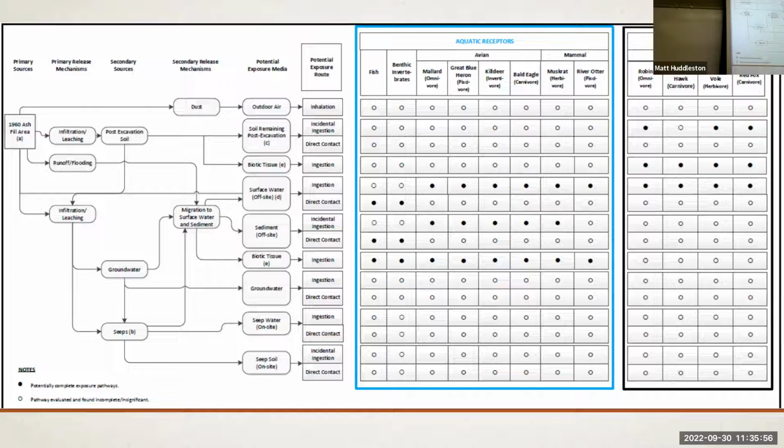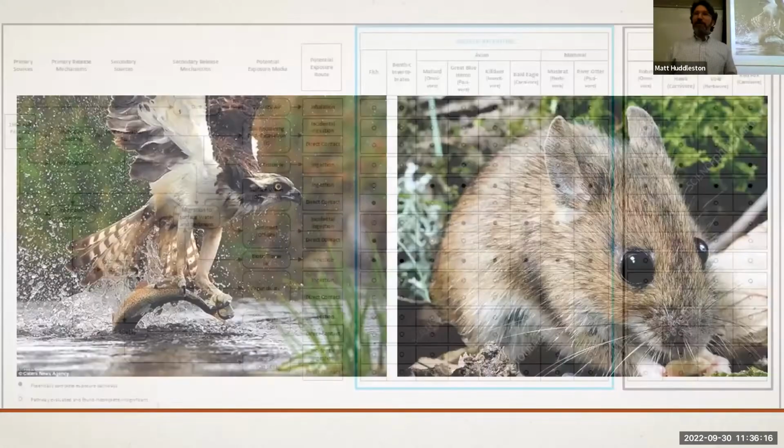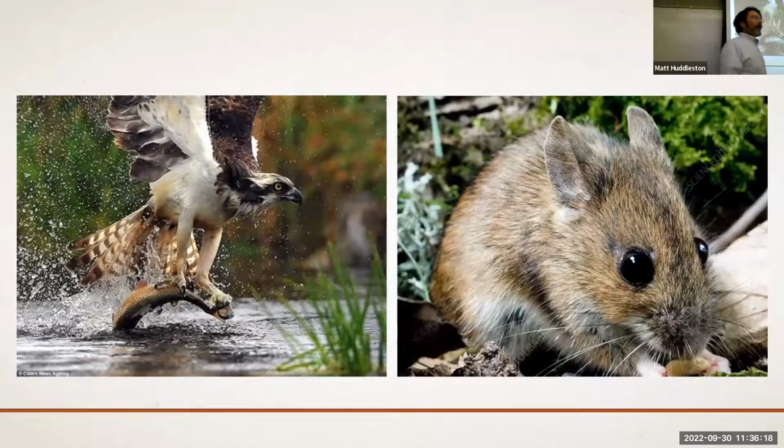I've chosen animals that represent different feeding guilds in the food web. And so what happens then is you model the dose that those animals are receiving through their diet and their ingestion of water and their direct contact with the soil and any other ways. But those are the primary ways.